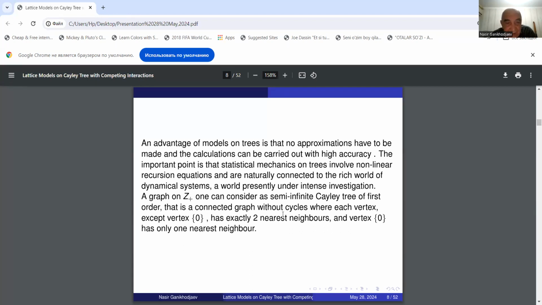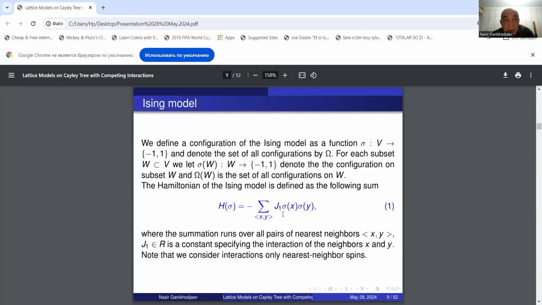We have the beginning vertex 0, and all other vertices have edges, no cycles. Okay, now first of all I will consider models on the Kelly tree, and maybe in the last part formulate some problems for Z^d. We define a configuration of the Ising model as a function.